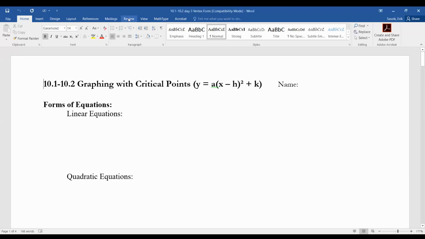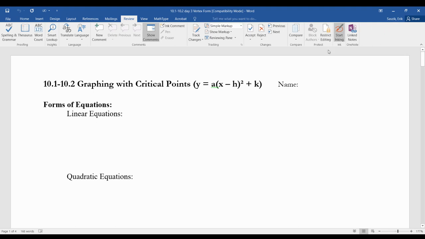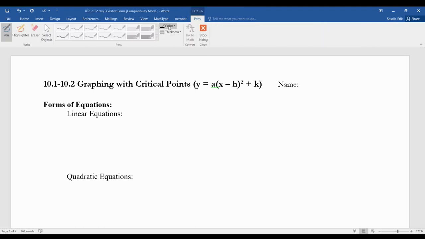All right, we're going to do vertex form today. Now, let's back up for a second, though. Remember, when we did equations of lines back in the fall, we had different forms. For example, y equals mx plus b. That was called slope-intercept form.